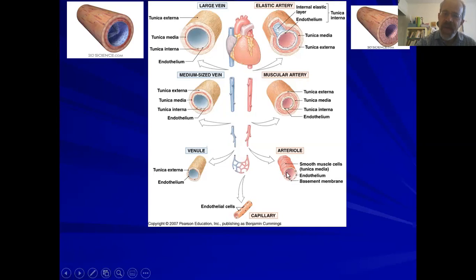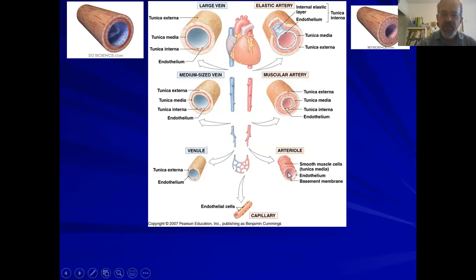We have a tunica intima, which is made up of the endothelium or simple squamous. And then we have the tunica media. You notice it's a much smaller vessel, and I'll talk about why that's significant. And it only has 2 layers, the tunica intima and the tunica media.